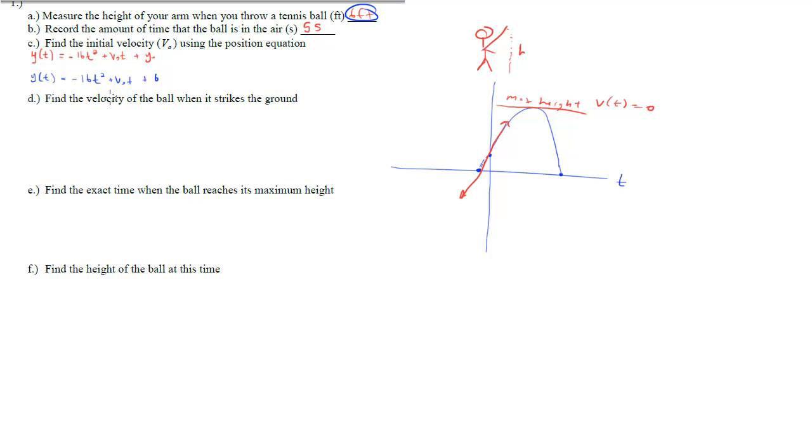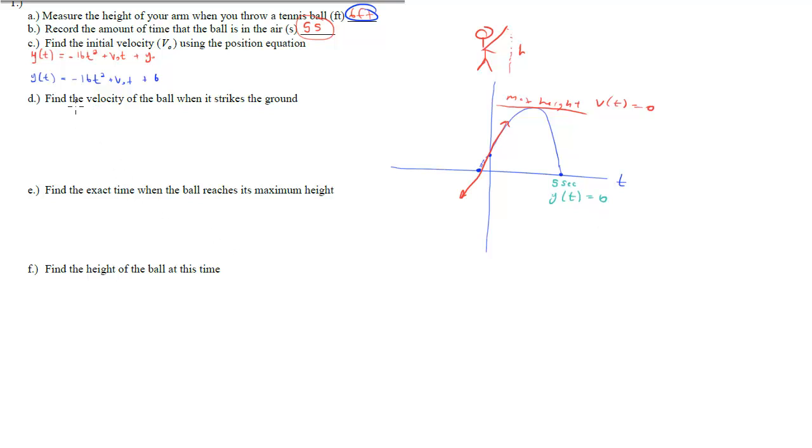Well, we need to find when this time occurs. Well, this time that we're looking for, we know 5 seconds. Here we go. We know that at 5 seconds, y of t equals 0.